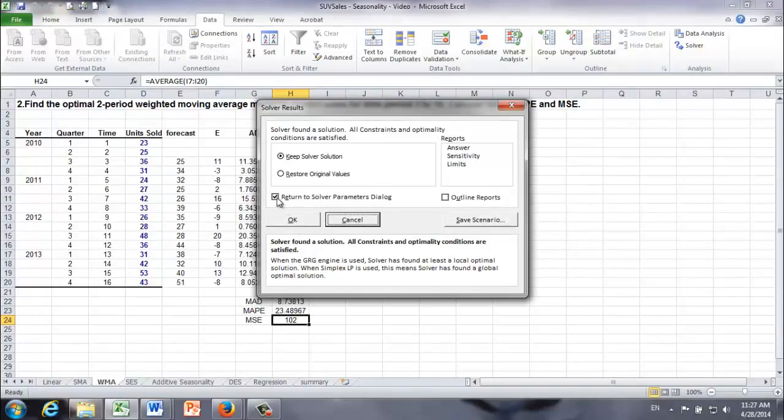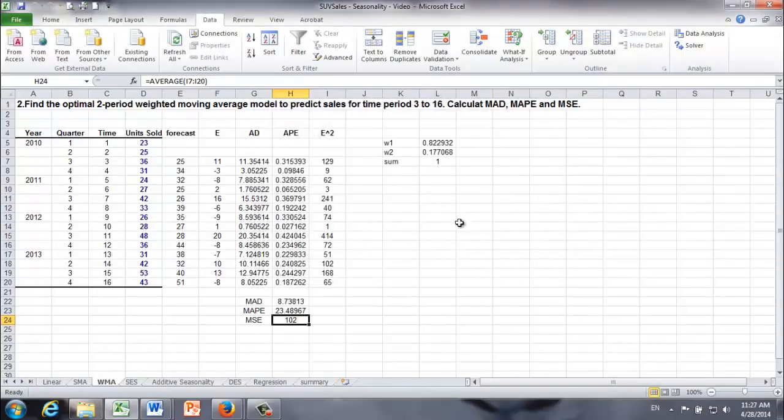Keep our answer. What do we find? The optimal W1 turns out to be 0.8229, and the optimal W2 turns out to be 1.1770. In the end, MSE is minimized. The smallest MSE we can possibly get is 102.